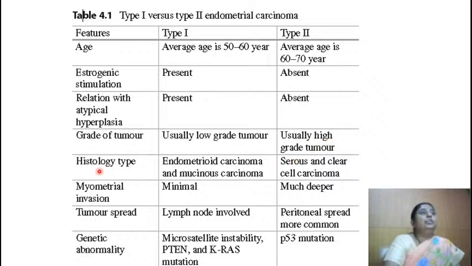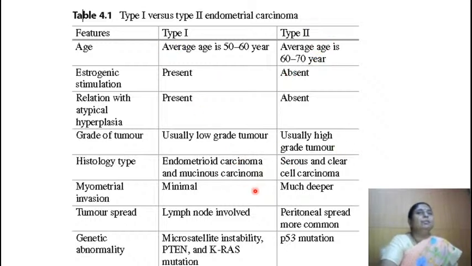When you look at these tumors under the microscope, type 1 carcinomas are usually endometrioid carcinomas, meaning they resemble the glandular endometrial epithelium, and they can be mucinous carcinomas, which produce a lot of mucin. In type 2 carcinomas, you have serous and clear cell carcinomas. They do not resemble your endometrial glands.